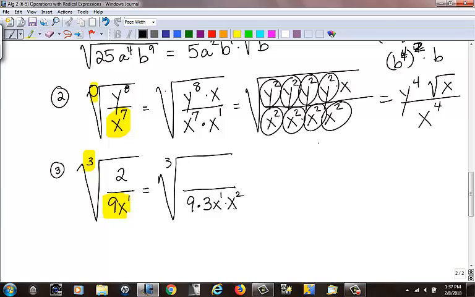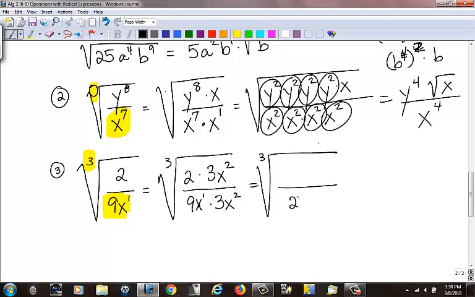x to the 2nd. Okay, so I really need to write this different. I need to write this so you can see what I'm doing. This is x to the 1st. I multiplied by 3x to the 2nd. So I have to multiply the top times 3x to the 2nd. Okay, so now I have 27 x to the 3rd in the denominator and 6x squared in the numerator.